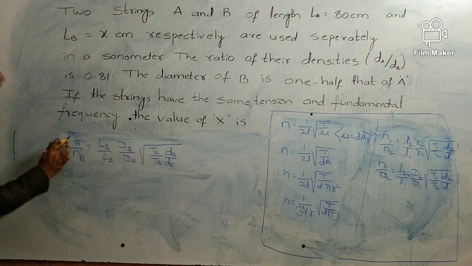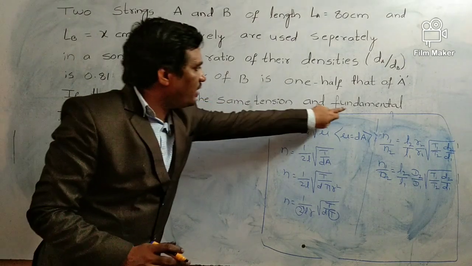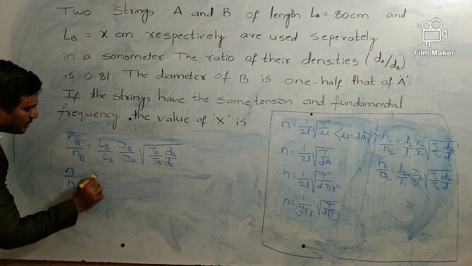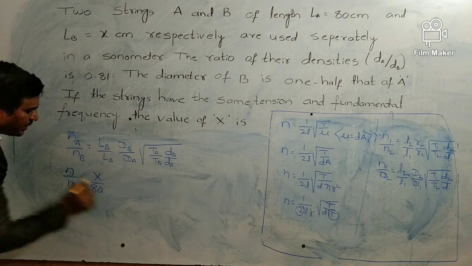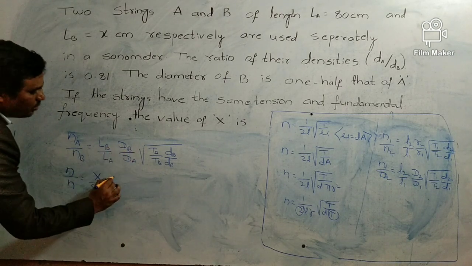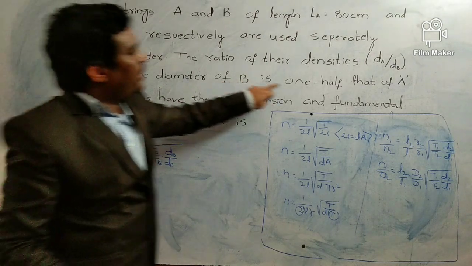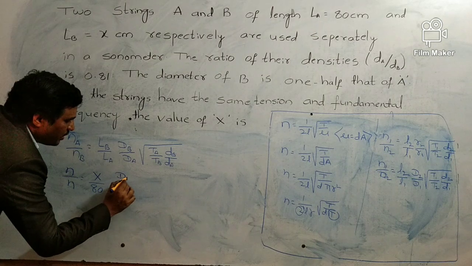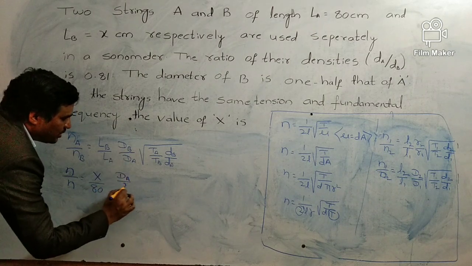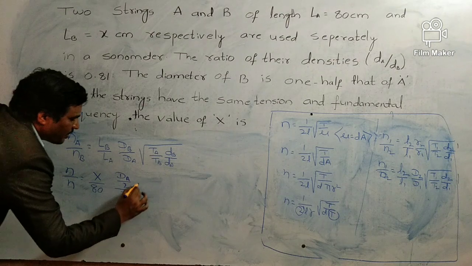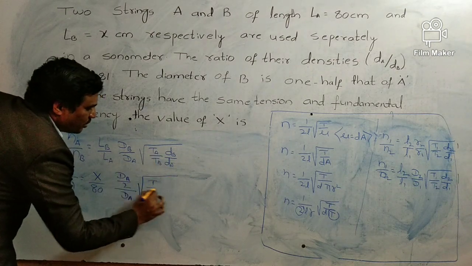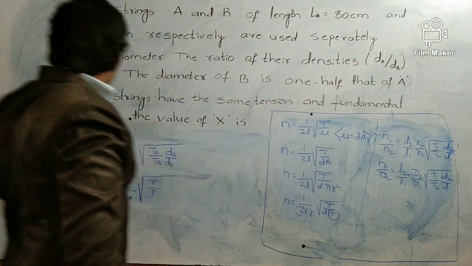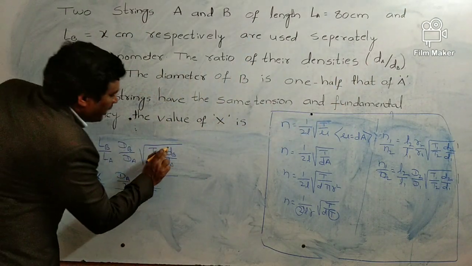Now, the wires have the same tension and the same fundamental frequency. So it is N by N, and x by 80 centimeters, and the dB value. The diameter of the second wire is half the diameter of the first wire, so dB is dA by 2 by dA. They have the same tension, so it is T and T. dA by dB value is 0.81. What is dB by dA?